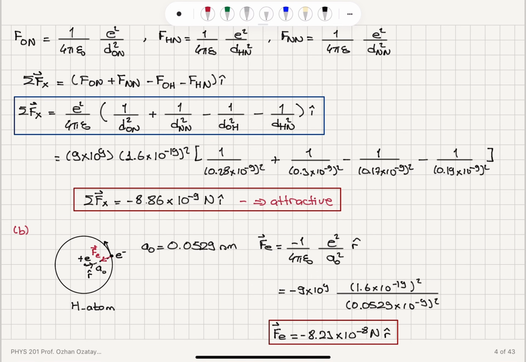Why do I say order of magnitude? This is 10^-9, this is 10^-8, so this is a stronger bond between the proton and the electron. The bonding force is an order of magnitude higher than that of the adenine and thymine.